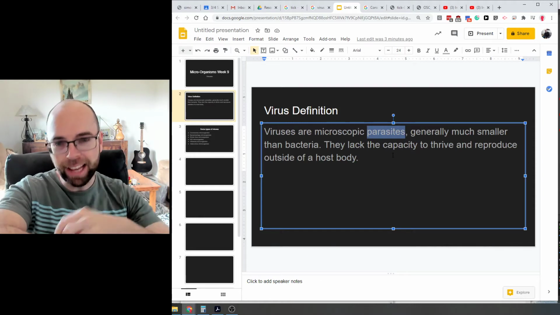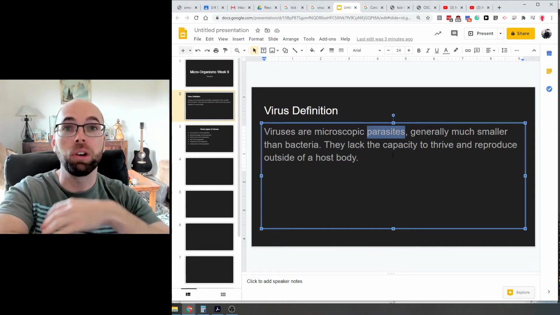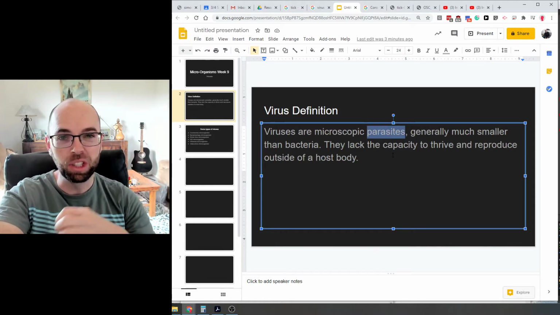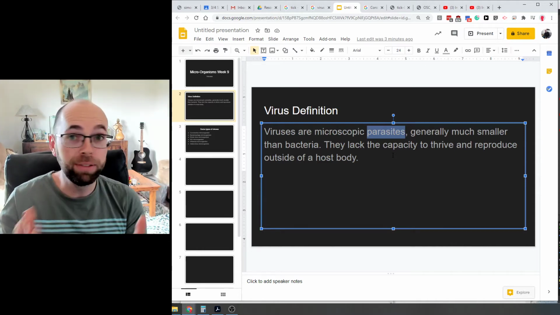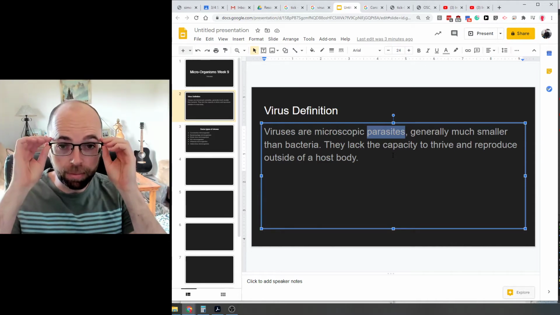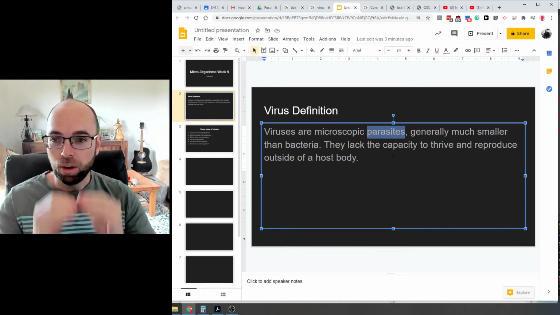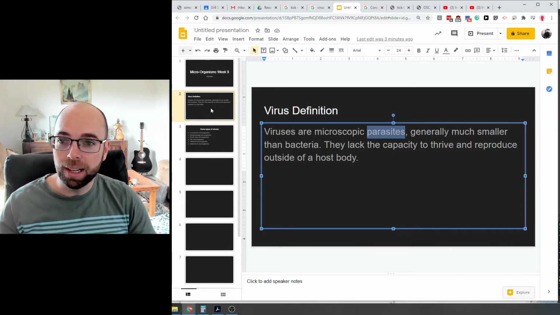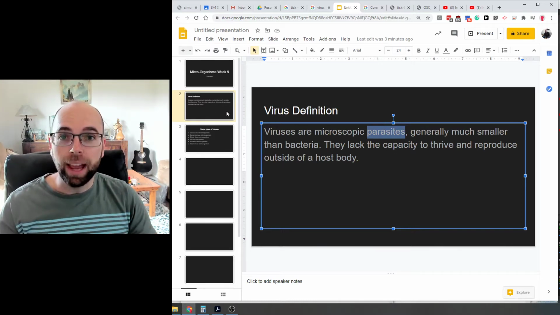Okay, parasites are like that, but they stay there and keep feeding for a longer period of time. So they really sort of live off us. That's where they get our food, or live off other animals or other creatures. Okay, so parasites are going to attach themselves to something in some way and feed off them.